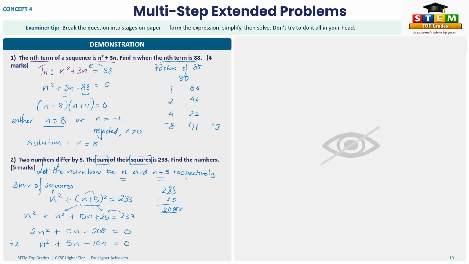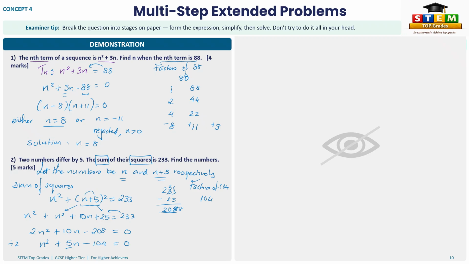Then you're going to have to look for factors of 104. Now remember, we're looking for a difference of 5 between those factors.